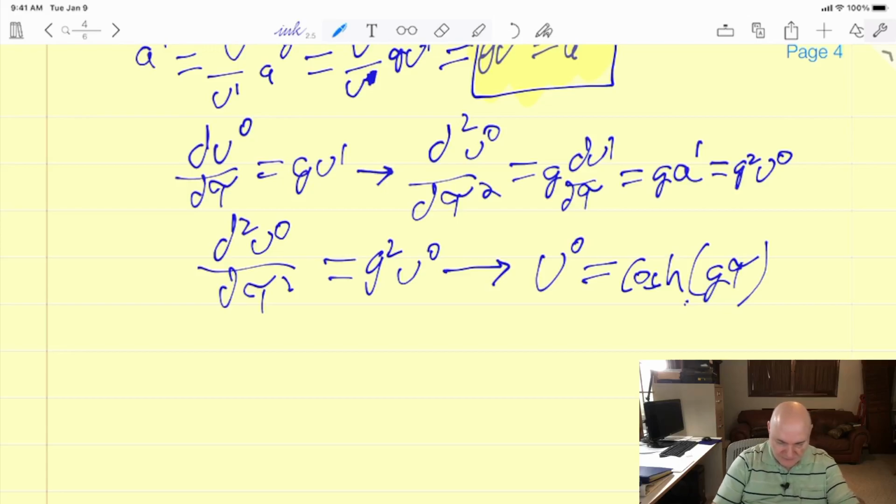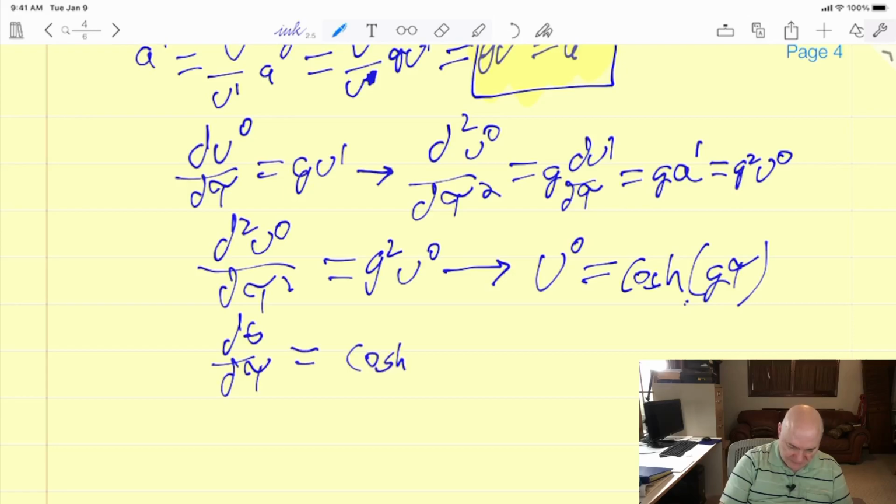Now we substitute in here. u0 by definition is dt/d tau, which is equal to hyperbolic cosine g tau. That implies, with straightforward integration, t equals 1 over g hyperbolic sine g tau.